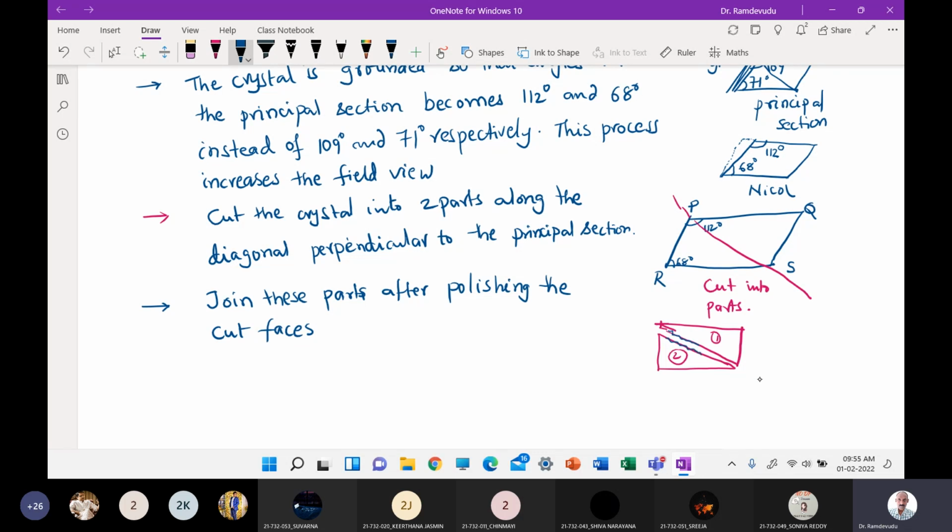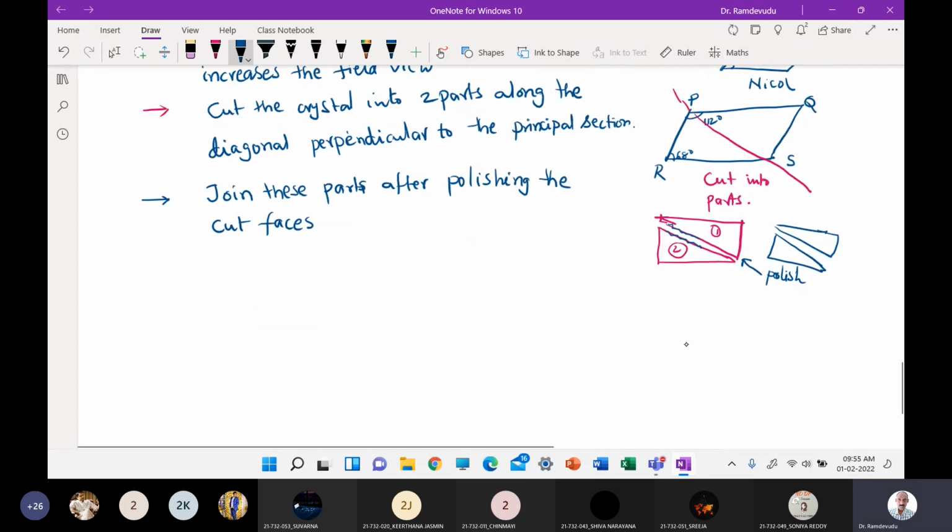Therefore, I polish these two surfaces. If I polish them, they will become very flat. So we'll have two flat surfaces like this, and I can join them perfectly without any break or irregularities between them. So I have polished them, and once polished, I will join them.